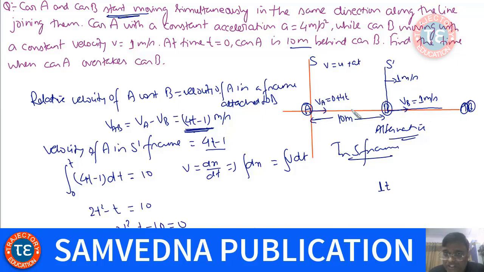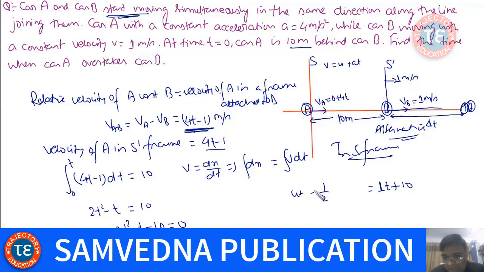Distance traveled by B would be 1 into t, right? And what will be the distance traveled by A? The distance traveled by A will be 1t plus 10. In order to catch B, A has to travel an additional distance of 10 meter. And you know, in S it is moving with constant acceleration.